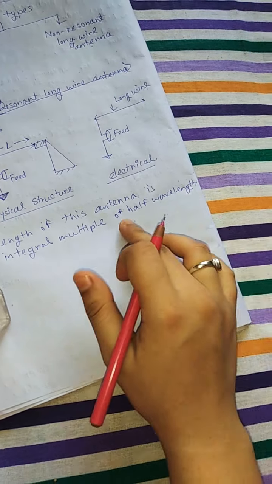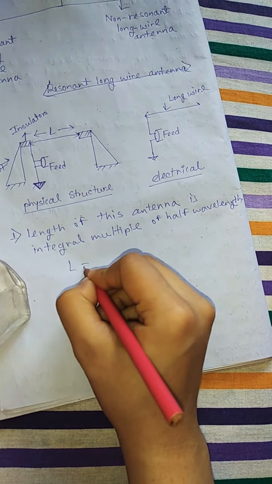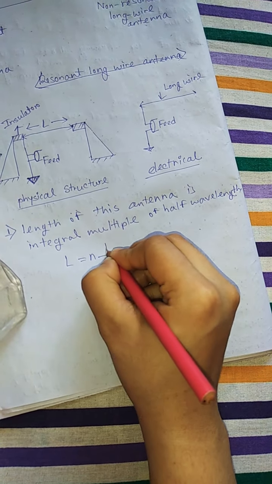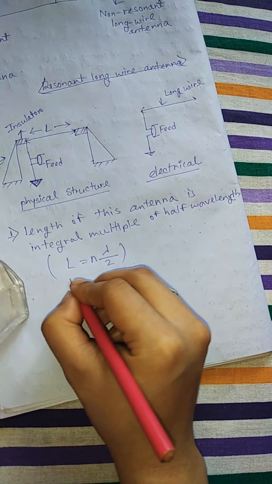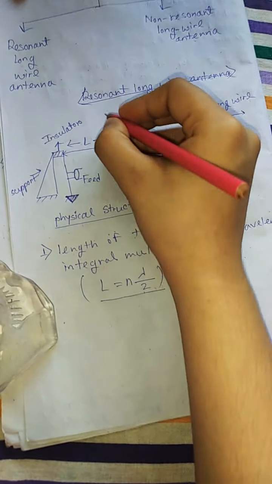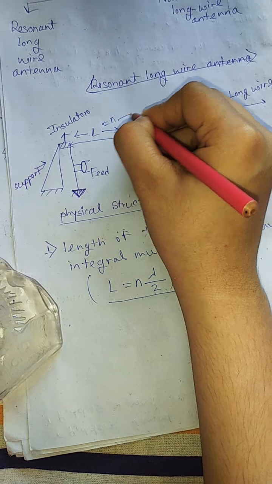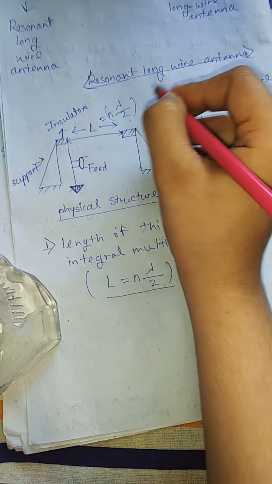Integral multiple of half wavelength means L is equal to n lambda by 2. So L is equal to n lambda by 2.